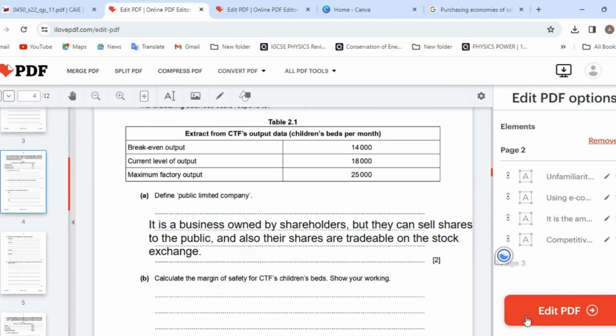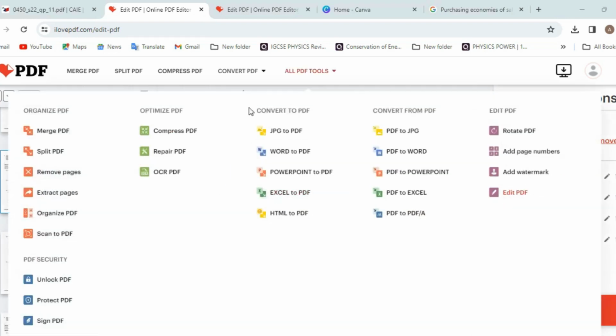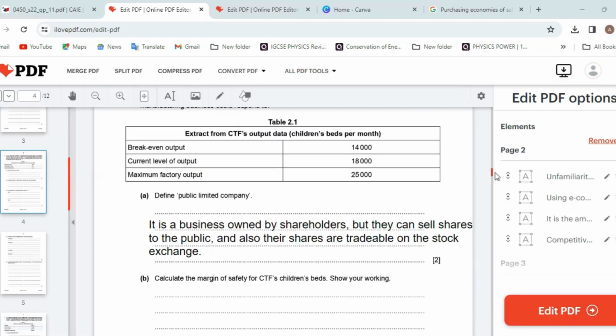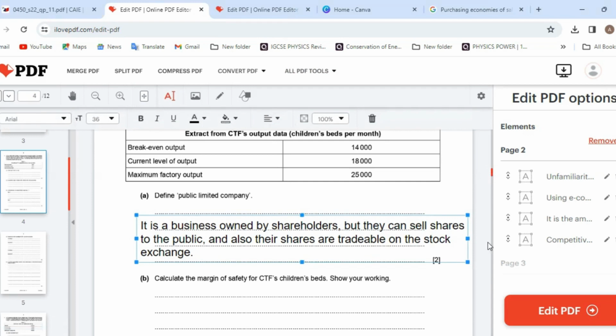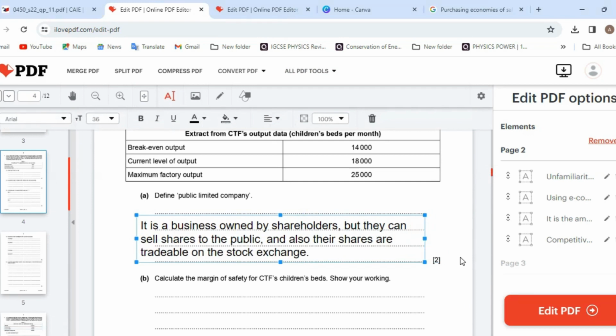Now the second question says, calculate the margin of safety for CTF's children's bed. Show your workings. So to answer this question, we are going to use table 2.1.